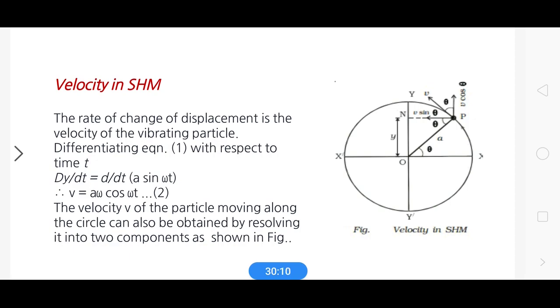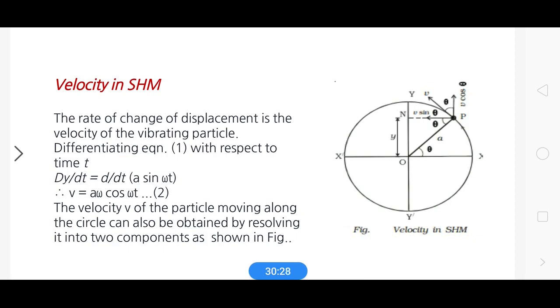And we have one more method to find the velocity in SHM. For that, we are including the diagram as we discussed for the expression of the displacement in SHM.